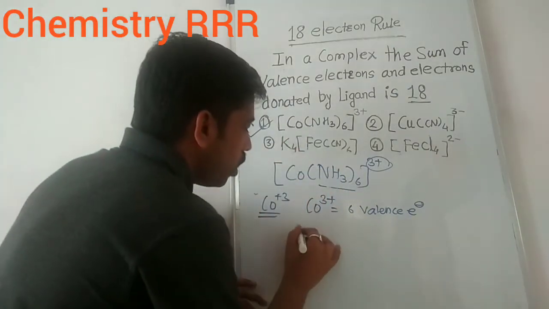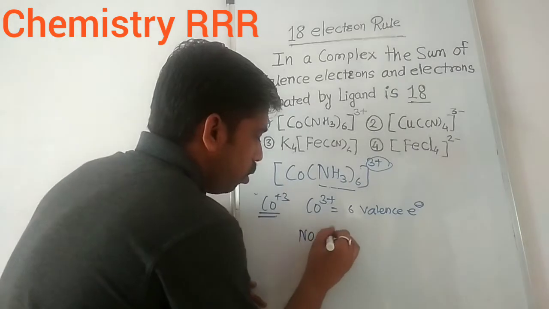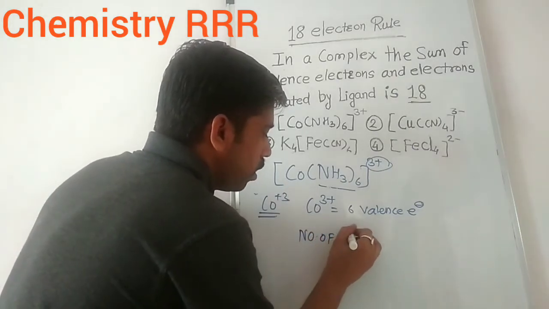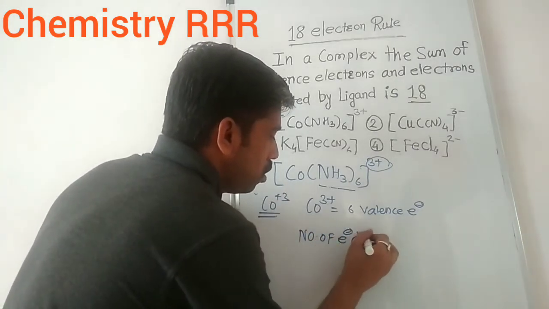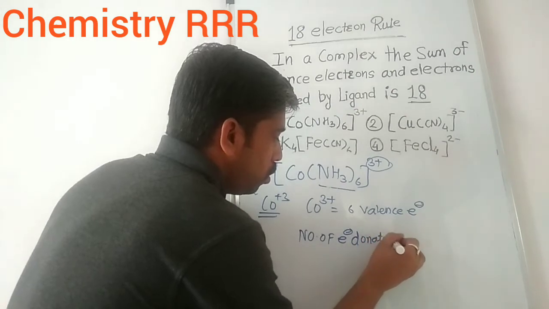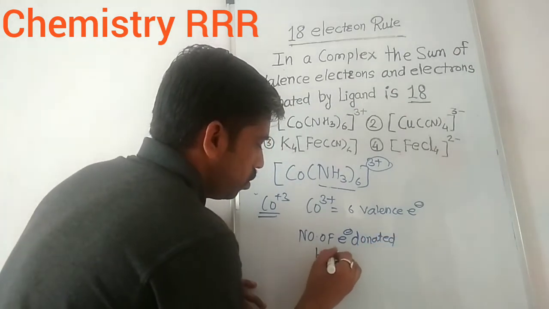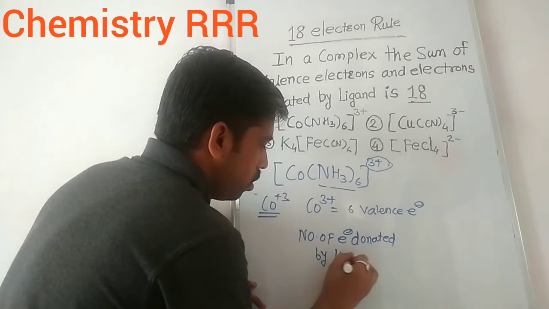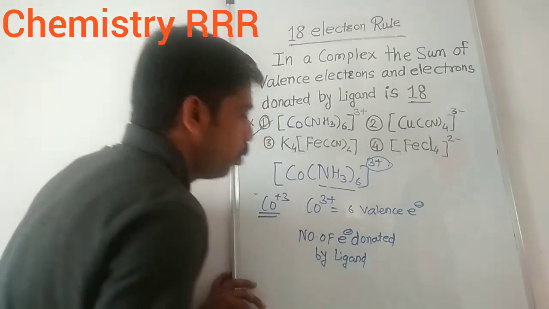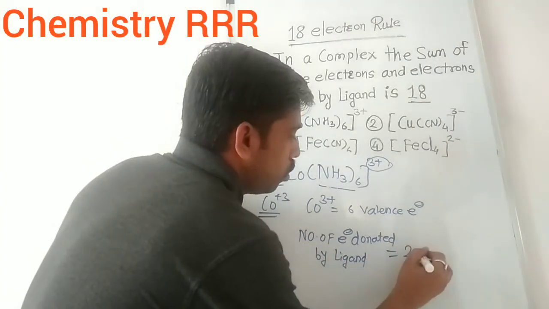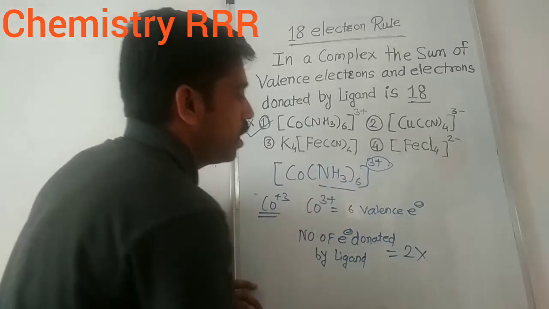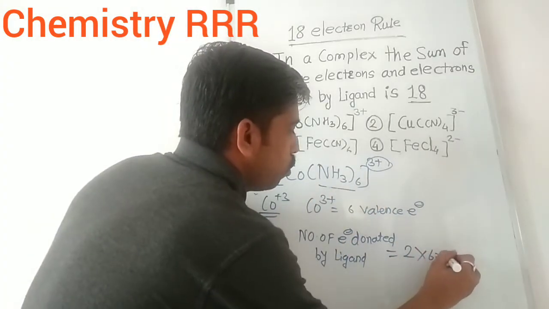So the number of electrons donated by the ligand, in this example the ligand is ammonia, is equal to 2 into the number of ligands, 6, which is equal to 12.